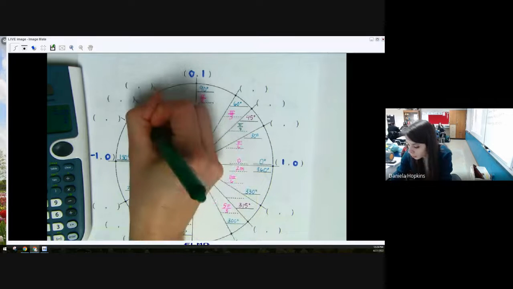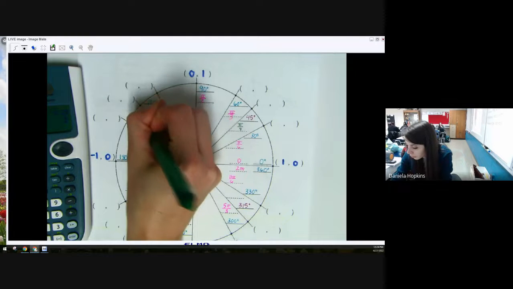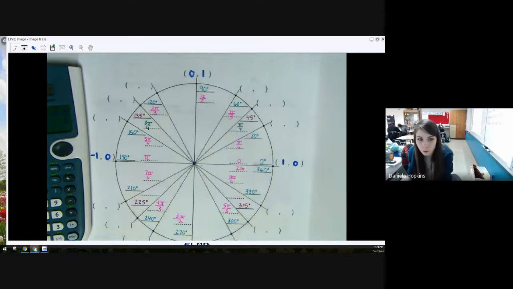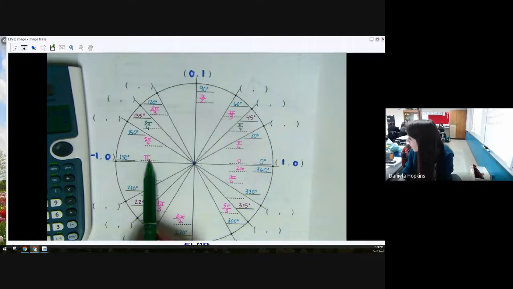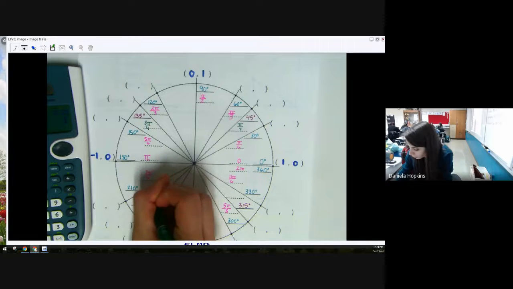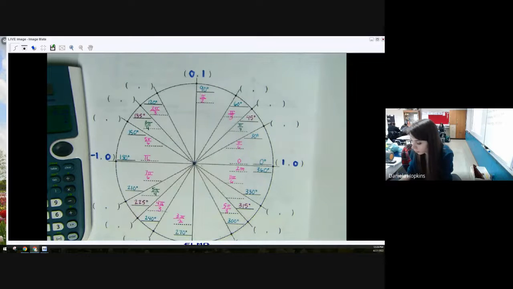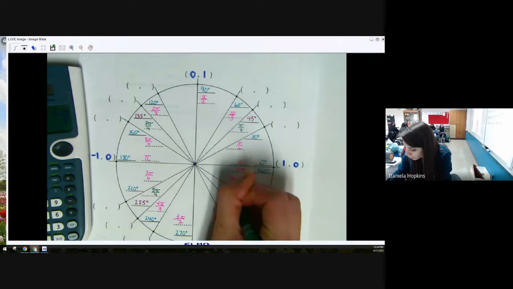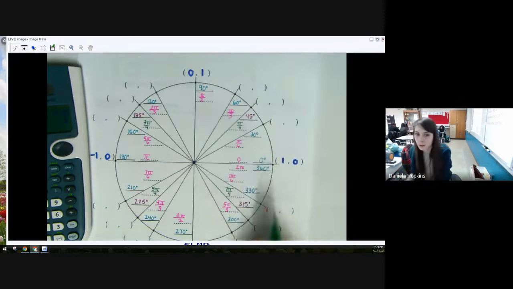Then it'd be 3 pi over 4. 4 pi over 4 would reduce to pi. 5 pi over 4. 6 pi over 4 reduces to 3 over 2, or 3 pi over 2. And then 7 pi over 4. And then our last one would be 8 pi over 4, which again reduces to 2 pi.